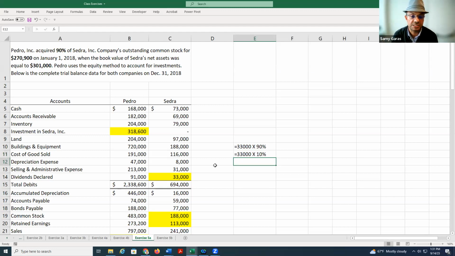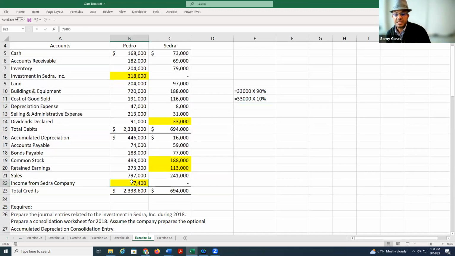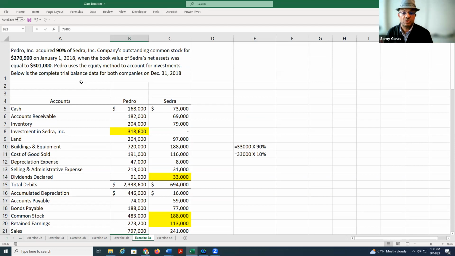And now we have here the income for the parent, which is 90% of the investment income that goes to the parent company. Why did I highlight these numbers? Because I'm going to use them in my calculation.